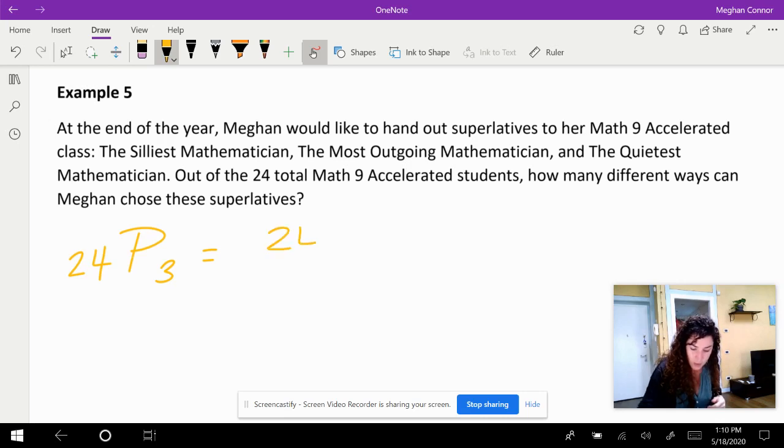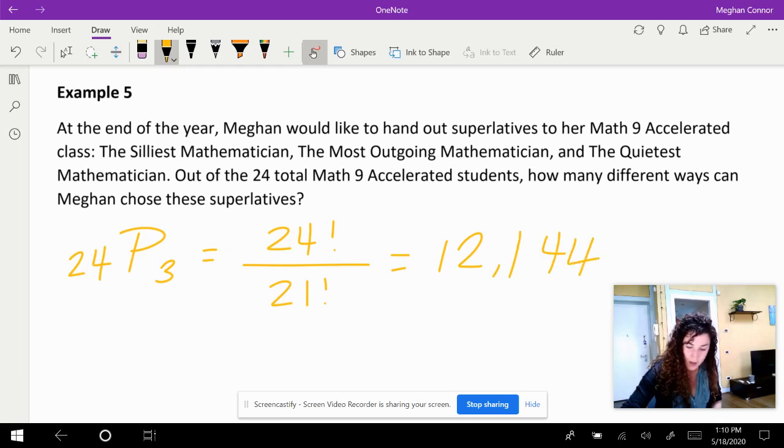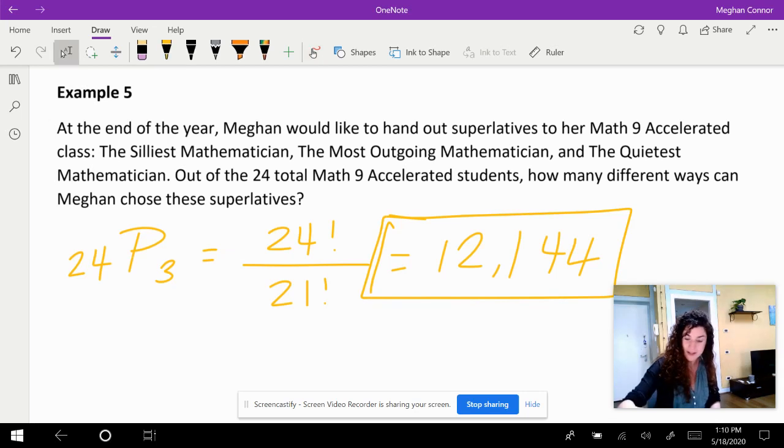So that's going to be 24 factorial over 21 factorial, 24 minus 3. Or we can go menu 5, 2, and do 24, 3. And that is 12,144 different ways I could assign those 3 superlatives.